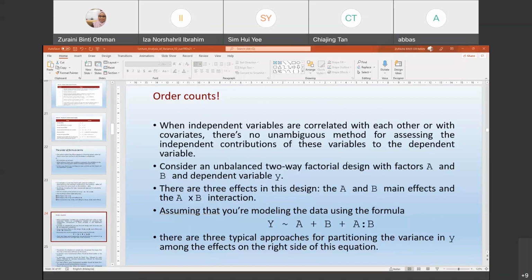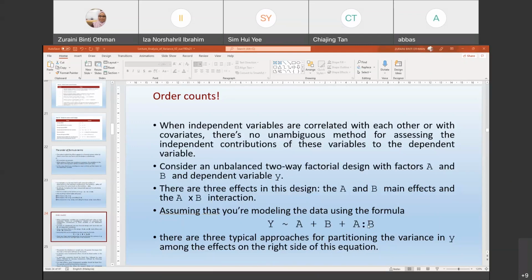Consider an unbalanced two-way factorial design with factors A and B and dependent variable Y. There are three effects in this design: A, B, and the interaction of A and B. And there are three typical approaches for partitioning the variance in Y among the effects on the right side of this equation. Later in R, you can see the result for A, the result for B, and the result for the interaction of A and B.